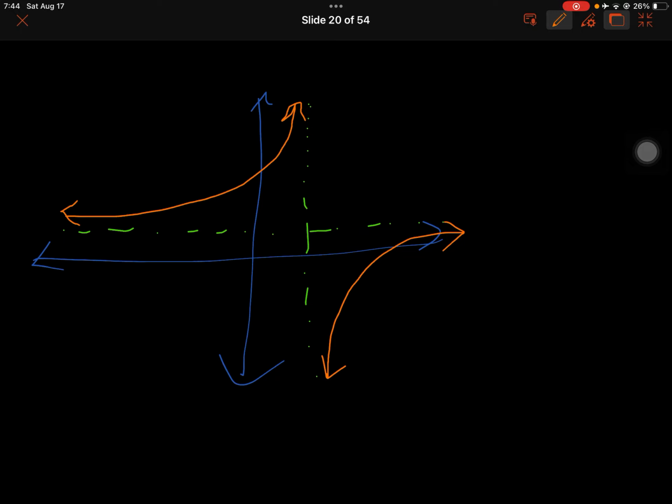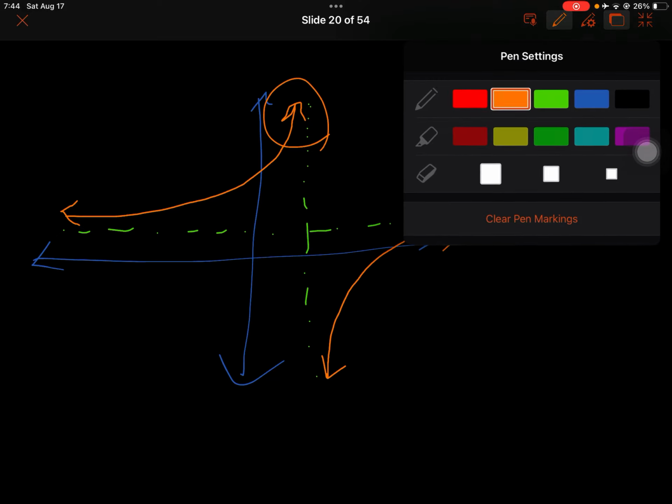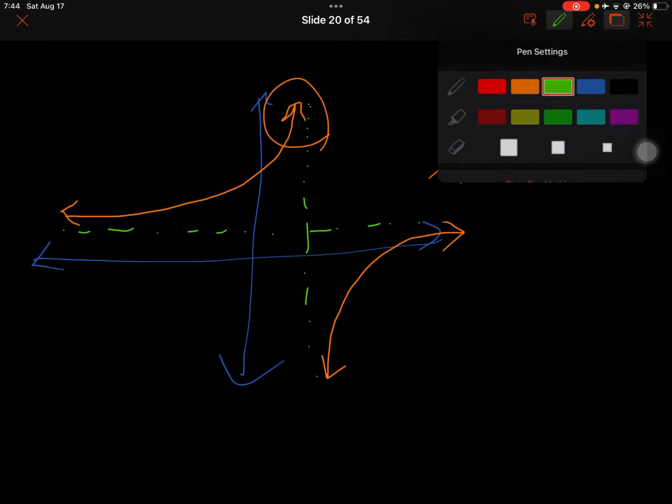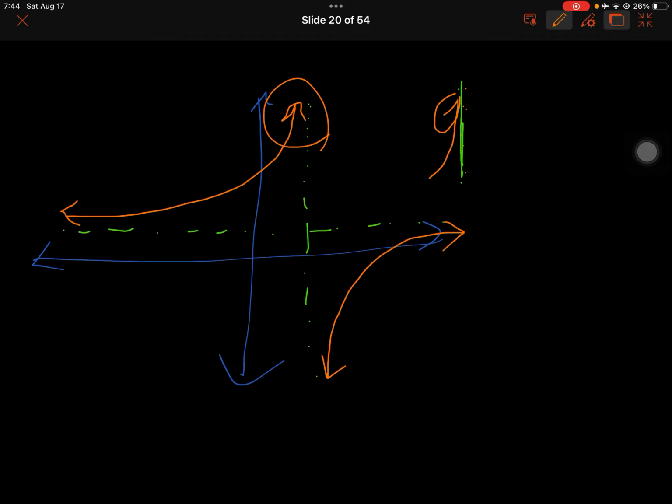So as you can see, the part here, the graph that we have, the orange one, the orange arrow, goes upward. Okay, it goes upward and it goes nearer to the asymptote. But we have to remember that this orange line, while it goes upward, goes nearer and nearer to the asymptote.